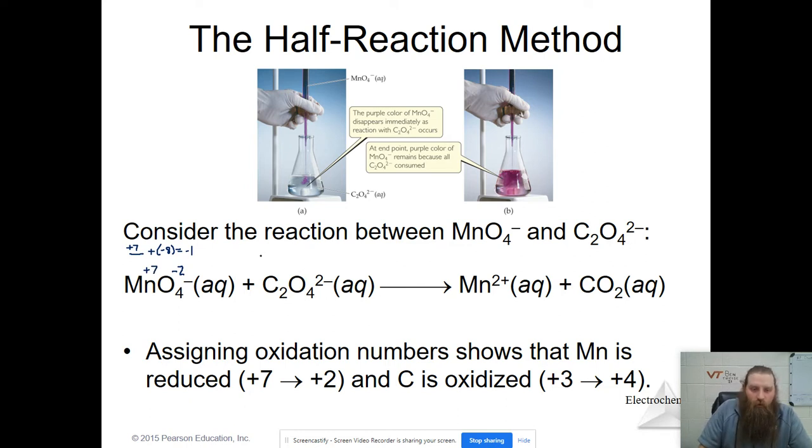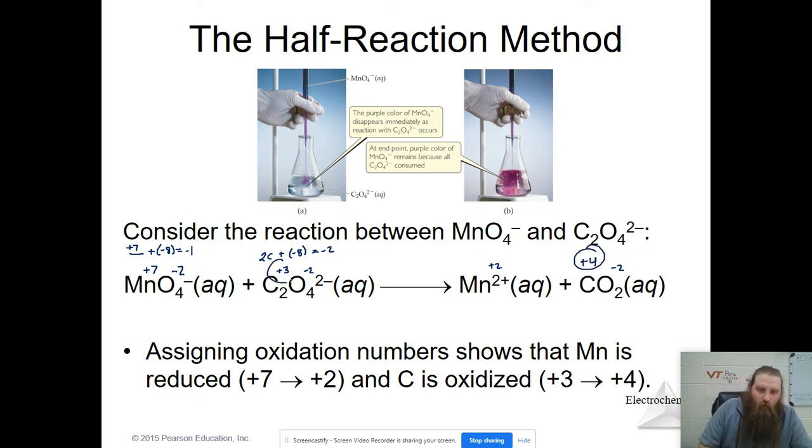For carbon, we have 2 carbons plus -8, right, is going to equal -2. And when we solve that out, we're going to get +3, -2 there. And then on the right, well, we have an ion by itself, so we've just got +2. That's the oxidation state. This is going to be -2, so blank -4 equals 0, so this must be +4.